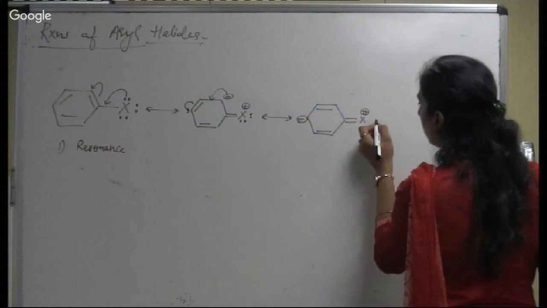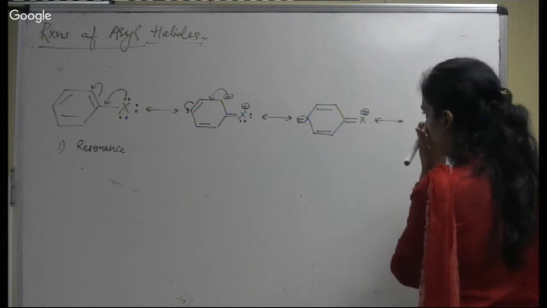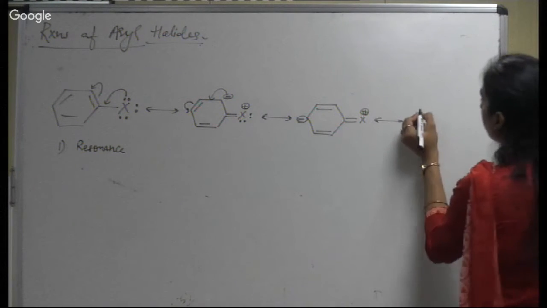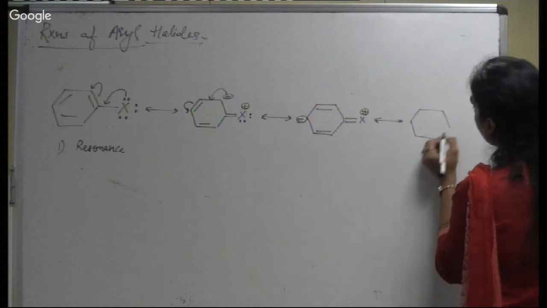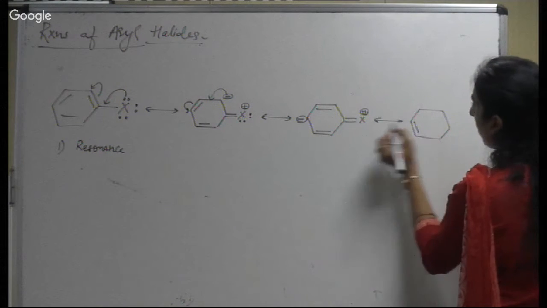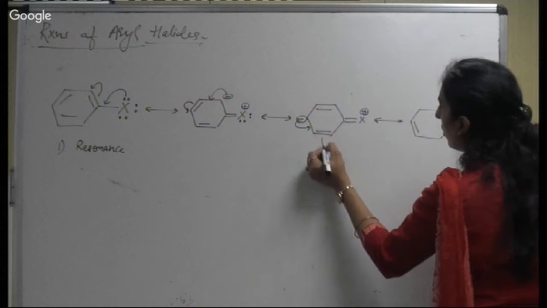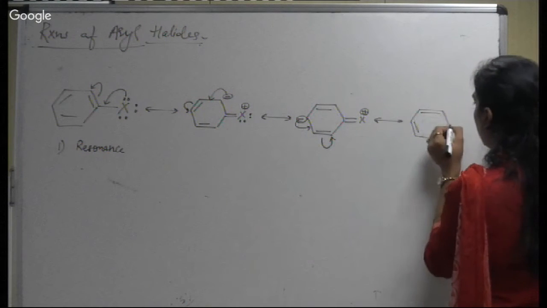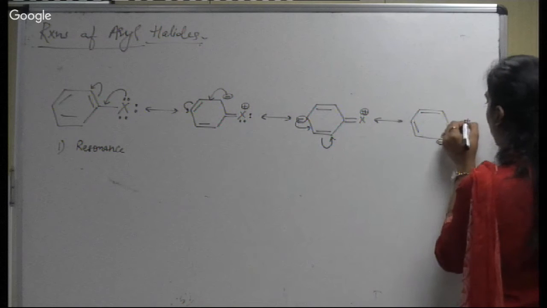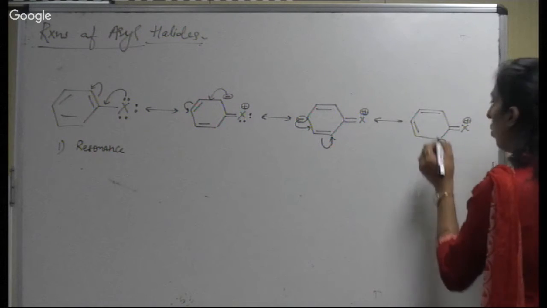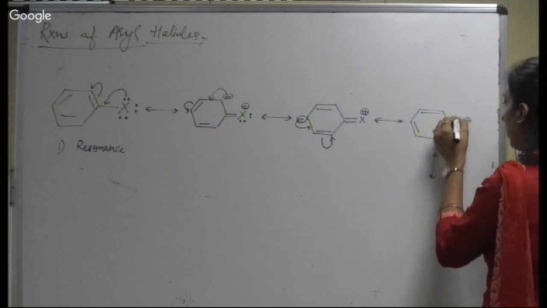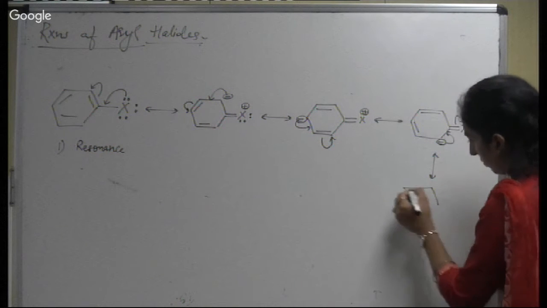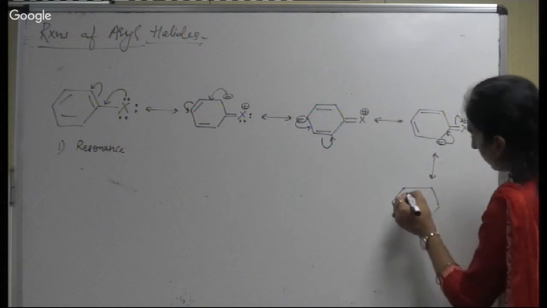I'm not putting the rest of the lone pairs. Are you aware about the movement of charge? Sure. You know how to make the curly arrow, the electron arrow rule?